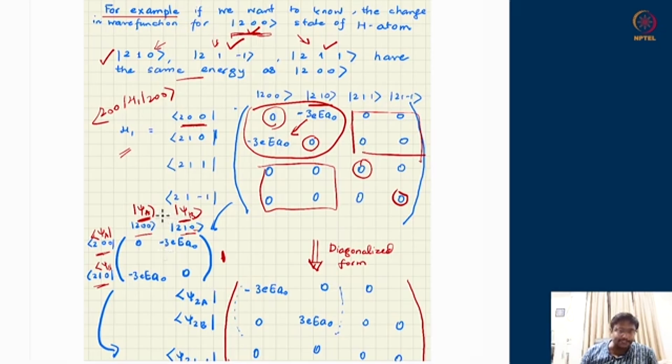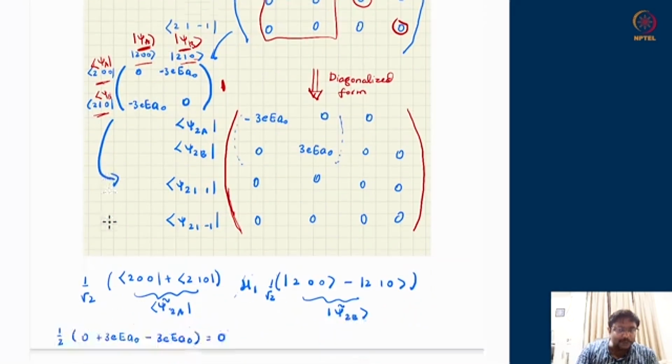While you are combining, the new state will have the same energy as each one of them because they are degenerate eigenstates. Their superposition does not change their unperturbed energy eigenvalues. So you combine them and try to find out if it is possible, by linear superposition of 200 and 210, to diagonalize this. And you will learn that indeed you can diagonalize this Hamiltonian.